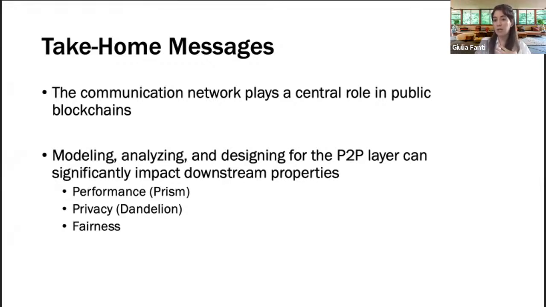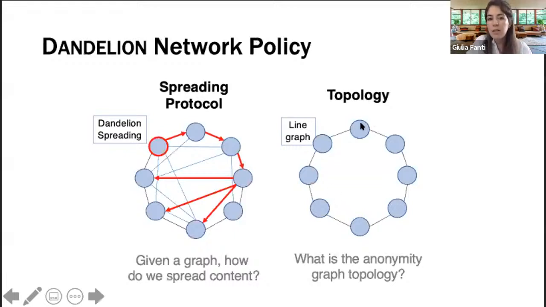If I connect to you, that's an outbound edge, whereas if you connect to me, that's an inbound edge. For this line topology, I'm only ever going to pass messages along outbound edges. So if you generate a bunch of connections to most of the nodes, it won't actually affect the anonymity properties.